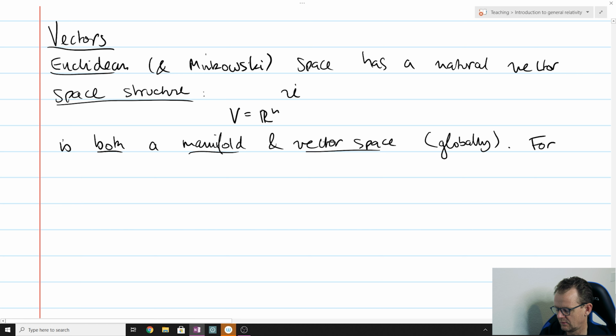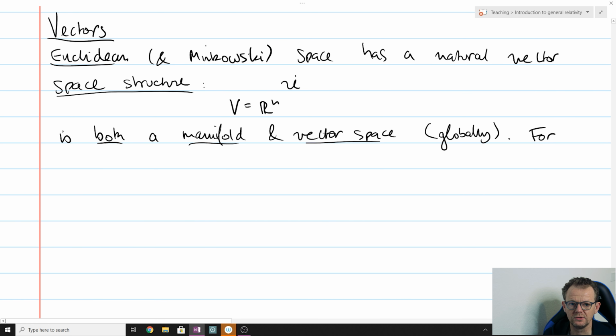Now, the next really important comment: we've introduced the generalized notion of a continuum. We don't get to keep vector space structure when we generalize our notions. So for general manifolds, it's not always the case that the manifold is a vector space.